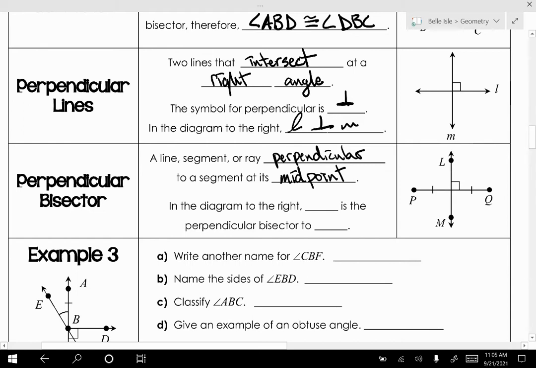In the diagram to the right, you have a line LM, which is a perpendicular bisector to PQ.